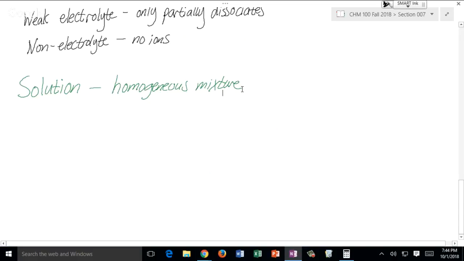There are two parts of a solution. The solute and the solvent. Now, these words actually have a pretty simple definition. The solute is just the thing that there's less of. And the solvent is the thing that there's more of.